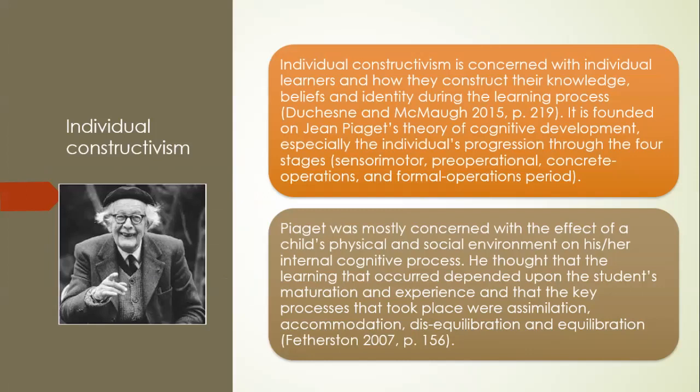It is founded on Jean Piaget's theory of cognitive development, especially the individual's progression through the 4 stages. Piaget was mostly concerned with the effect of a child's physical and social environment on his or her internal cognitive process. He thought that the learning that occurred depended upon the student's maturation and experiences.